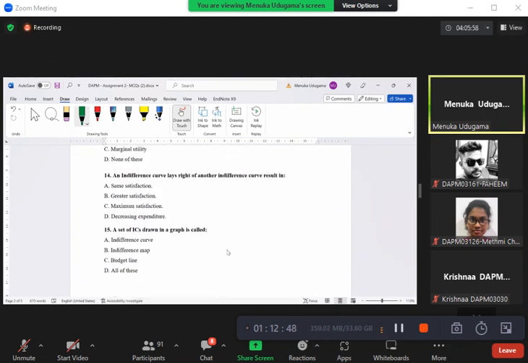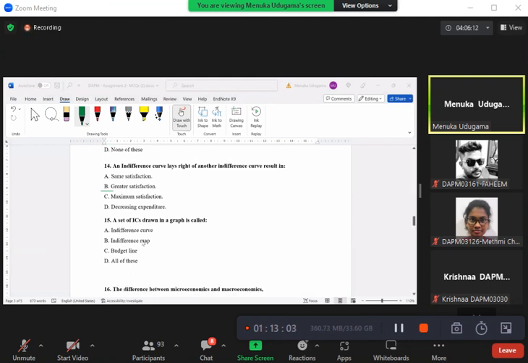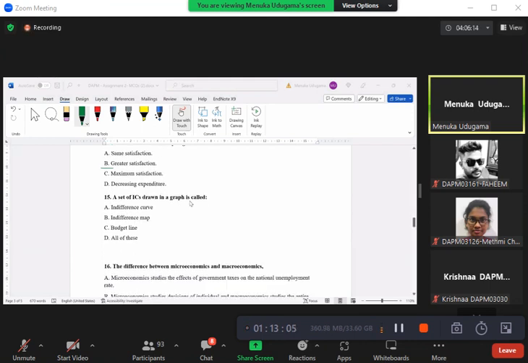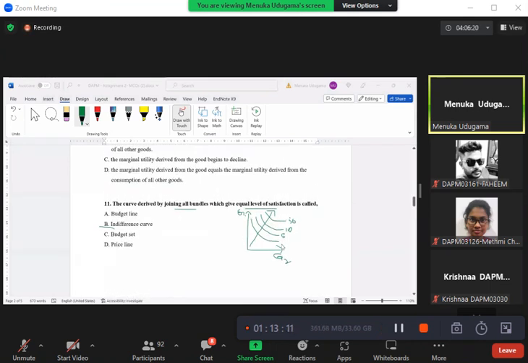So we can see an indifference curve lying to the right of another results in greater utility or greater satisfaction. A set of ICs drawn in a graph is called what? We said it's called an indifference curve, but if you draw several, it's called an indifference map.